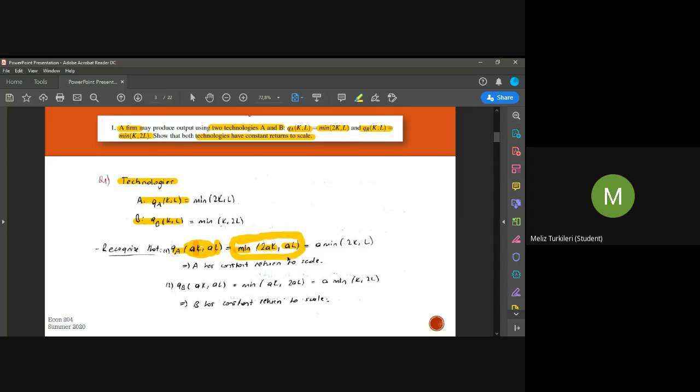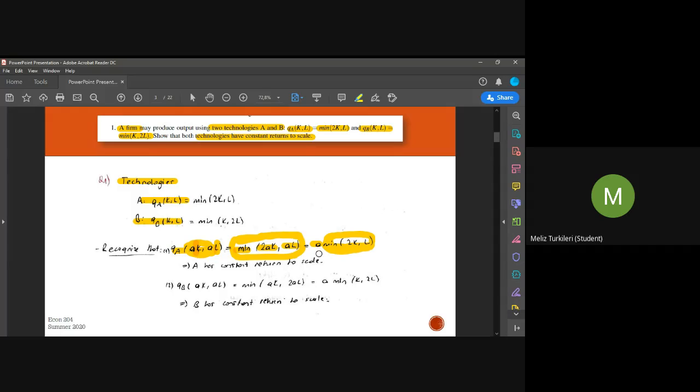What can I argue? If it is our output function, then it's going to be the same as our initial output representation multiplied by the constant a, okay?